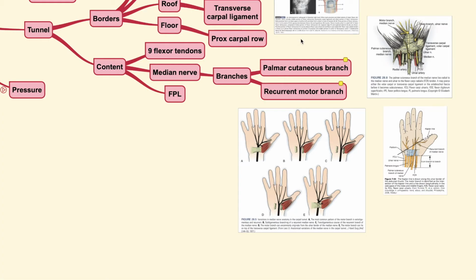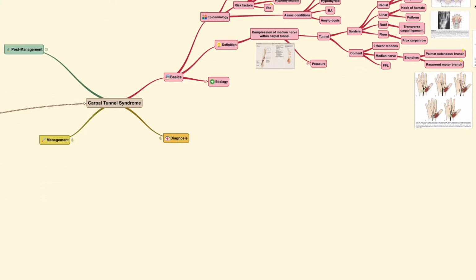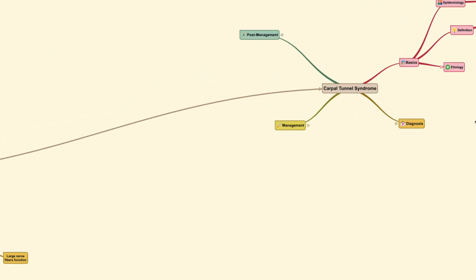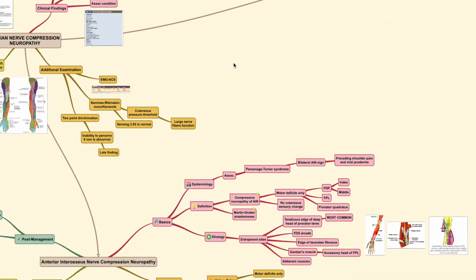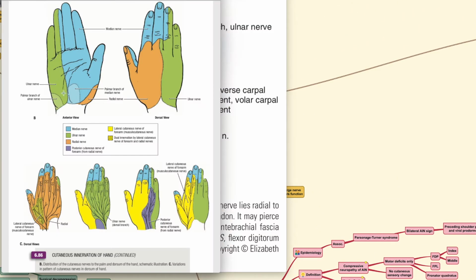I'll just give you a quick look at what area I am talking about, and it is this area here. Okay, this small area here is what I'm referring to. This is the small cutaneous area that is supplied by the palmar branch of the median nerve.